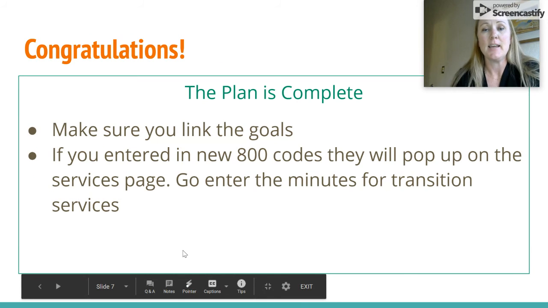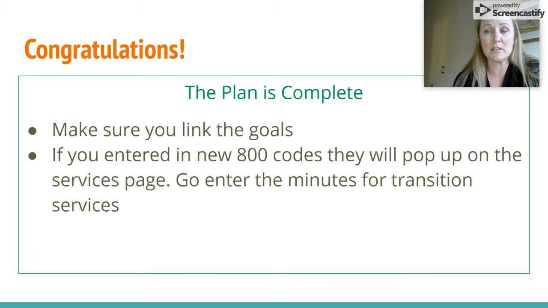All right, and then your plan is complete. You've made it through. You filled out everything that you need for the transition plan. There are just a couple other little areas that you need to shore up. Make sure that you've linked the goals from your annual goals on that first page of the transition plan, like I talked about in the last video.